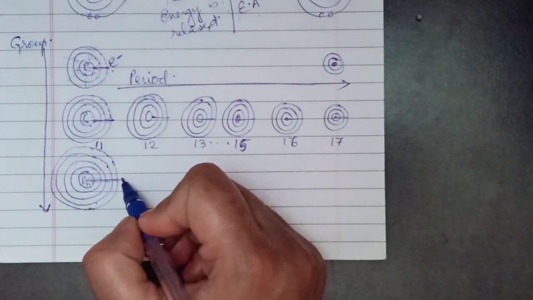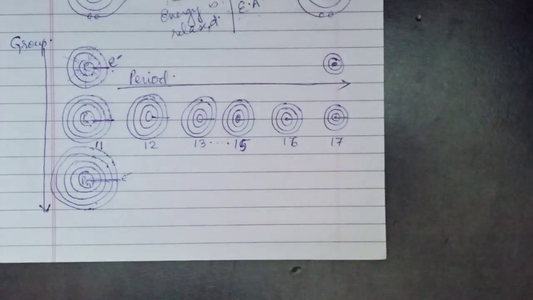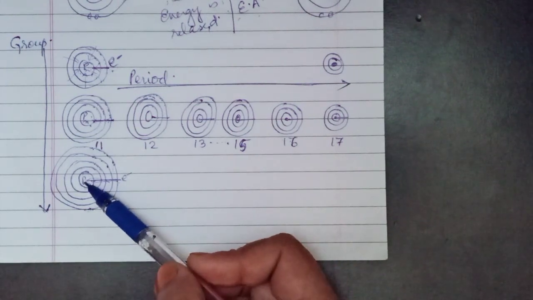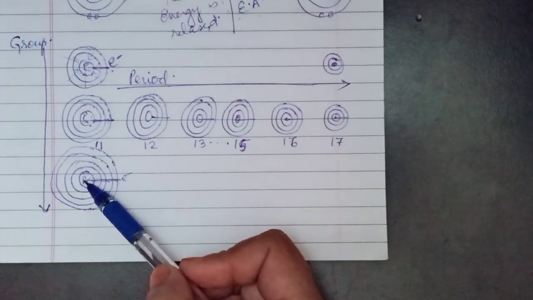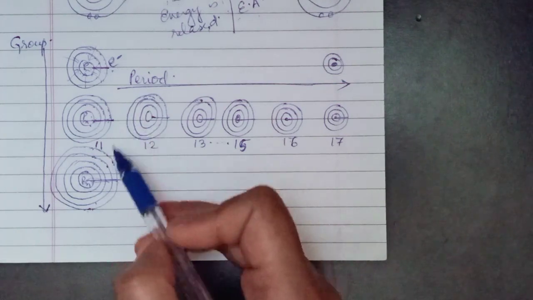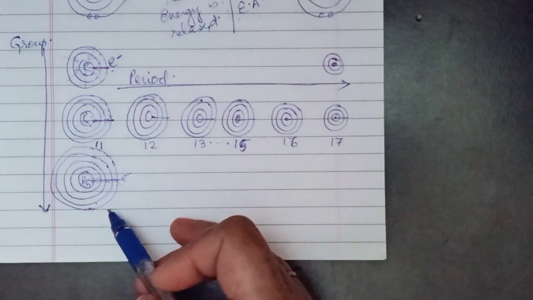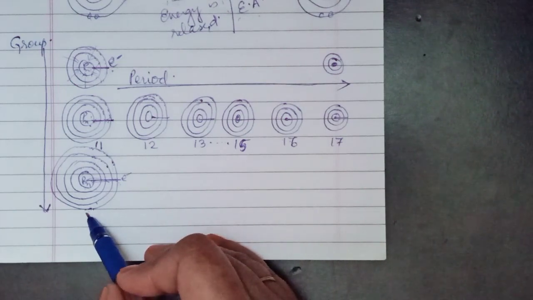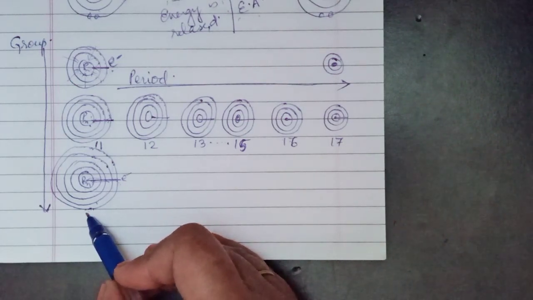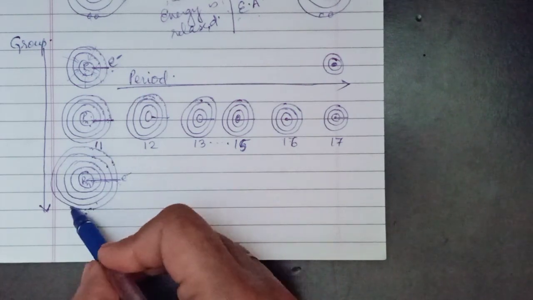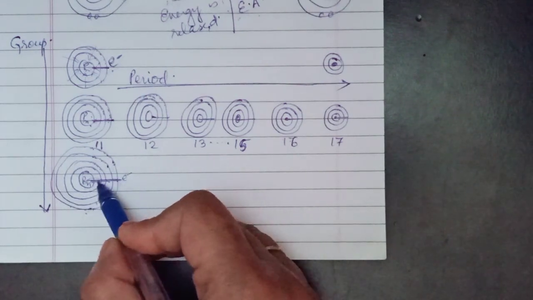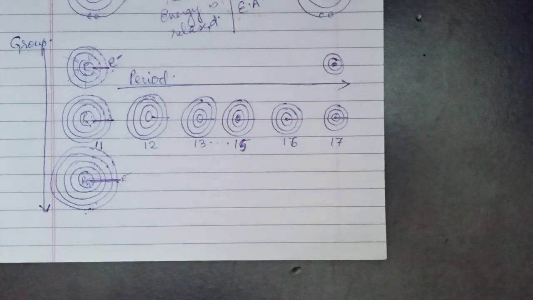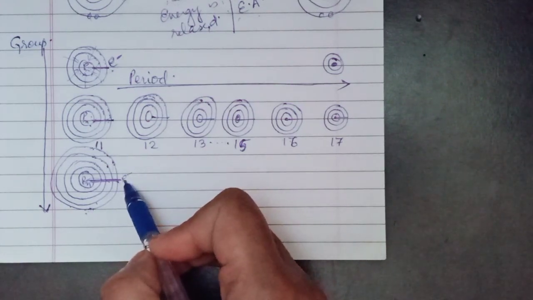When we add an electron, it is very difficult to attract it because the nuclear pull is not that strong, due to the bigger size of the atom. The distance between nucleus and valence shell is more, so when we want to add an electron here, it will be difficult.